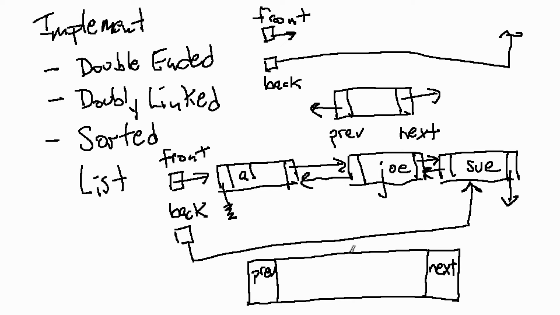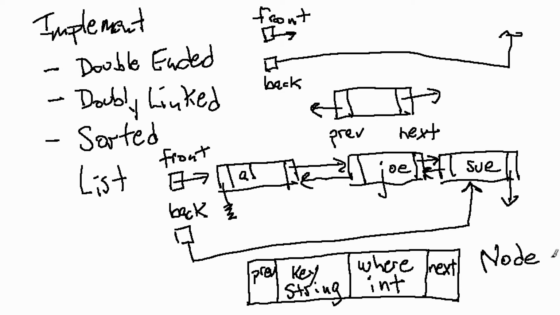And this is actually going to be split in half. What's going to be over here is something called key, and key is a string. And over here, there is going to be a variable called where, and where is an int. So this is the node structure that we will be using in our next program.